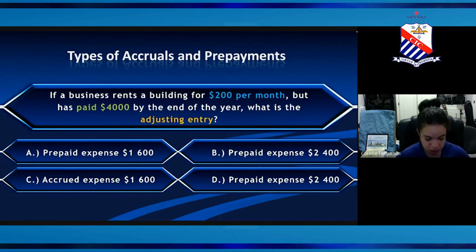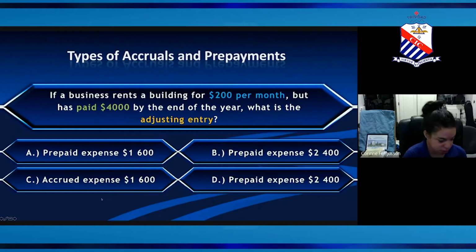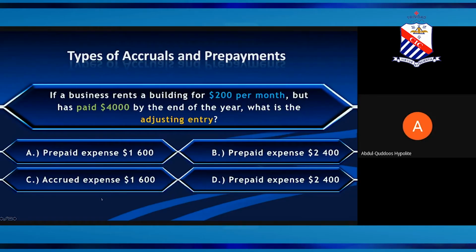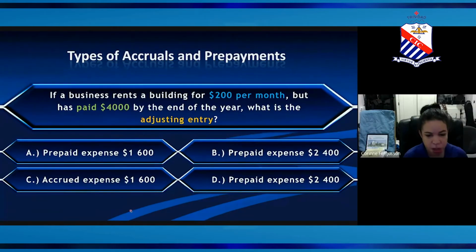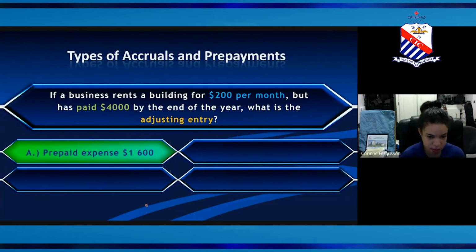So I will give you a little time and then you can give me the answer. You only have 3 options. Somebody gave me the answer of A. Is there anybody that didn't get the A?